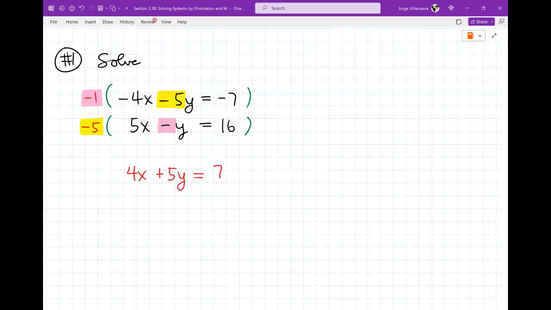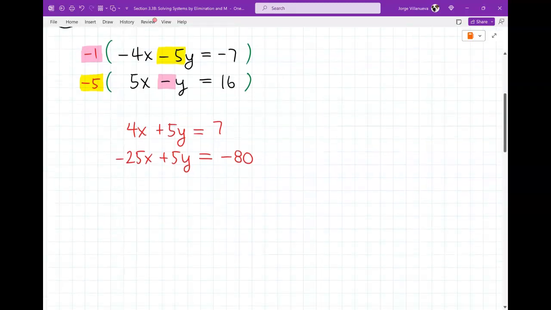Now let's multiply the negative 5 here, here, and there. Negative 5 times 5x is negative 25x. Negative 5 times negative y, positive 5y. Negative 5 times 16, that's negative 80.